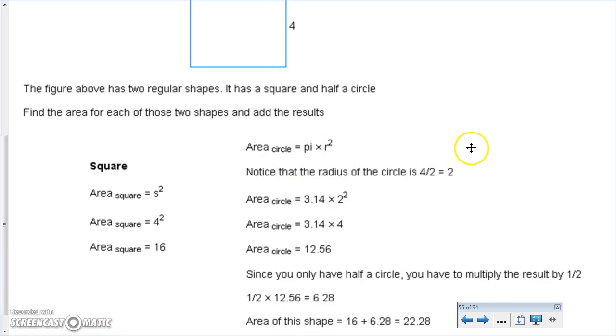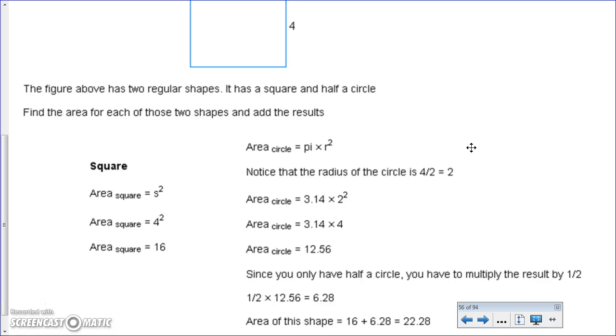The circle, we know the area of a circle is pi times the radius squared. So the diameter in the circle is 4. So we have to divide that in half to get a radius of 2. So then we plug that into our formula. We know that pi is 3.14 times 2 squared, which becomes 3.14 times 4.